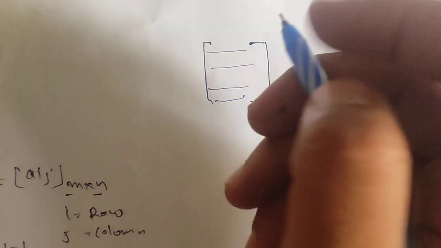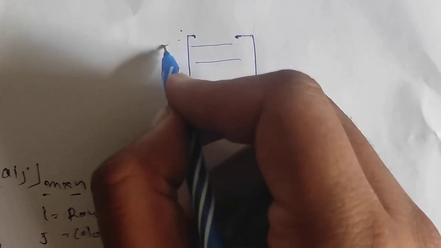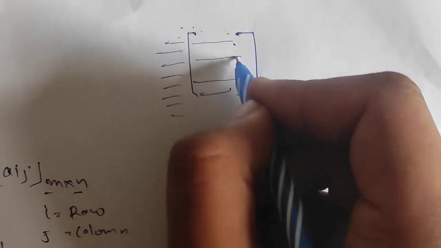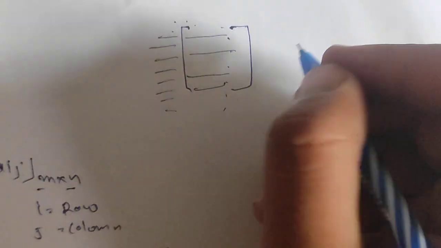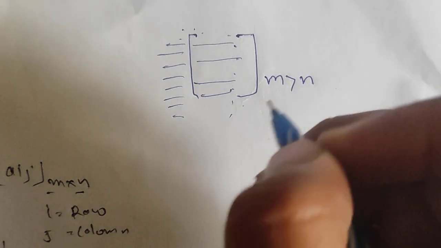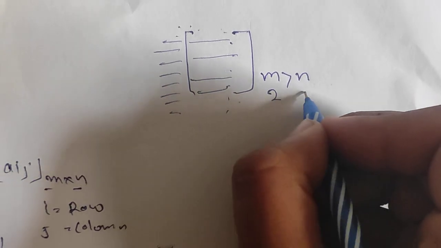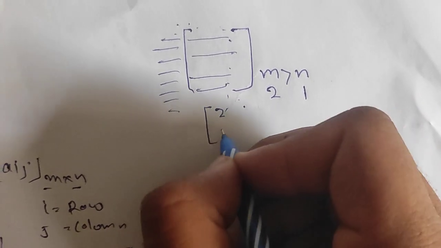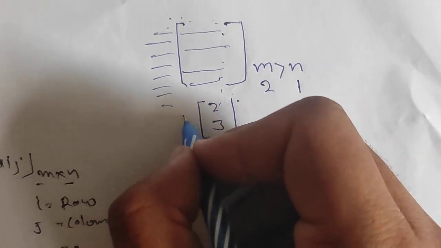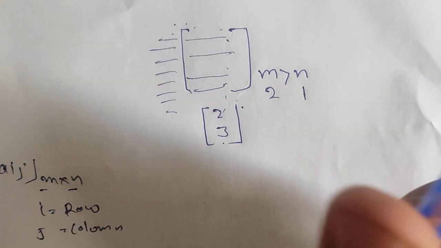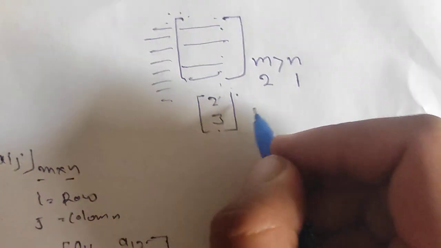We can say that if the number of rows is greater than the number of columns, like if m is greater than n, then what happens? For example, say m is 2 and n is 1. Here m is 2 and this becomes a vertical matrix of one column.